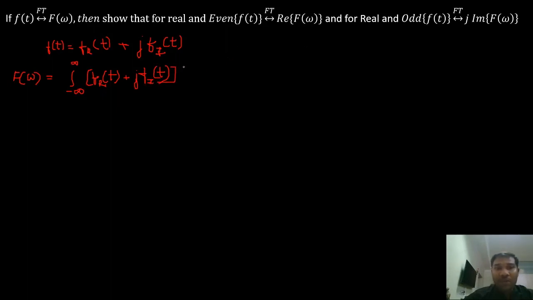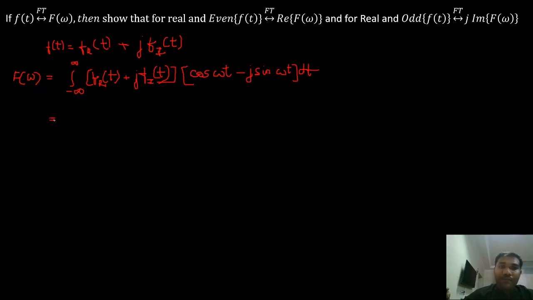E power minus j omega t, I will write in the form of cos omega t minus j sine omega t, dt. Right?